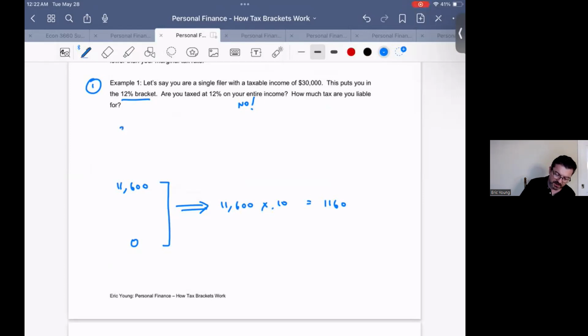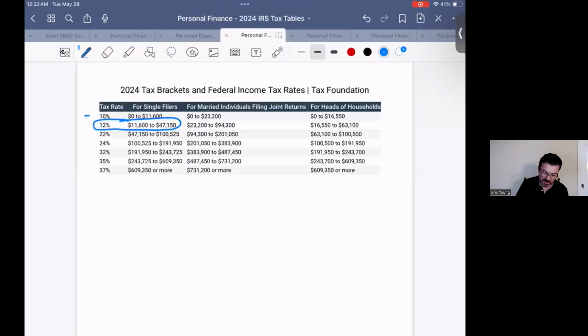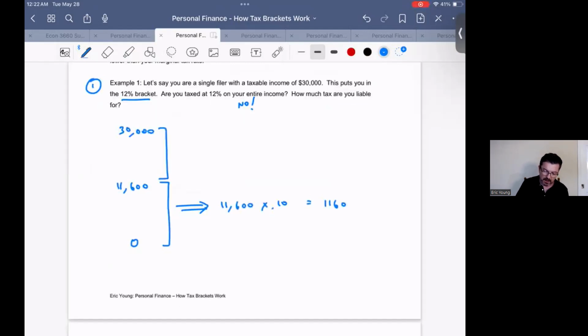But now, you're making $30,000. So the 30,000 is up here. This was taxed at 10%, and this is going to be taxed at 12%. Well, what does that mean?